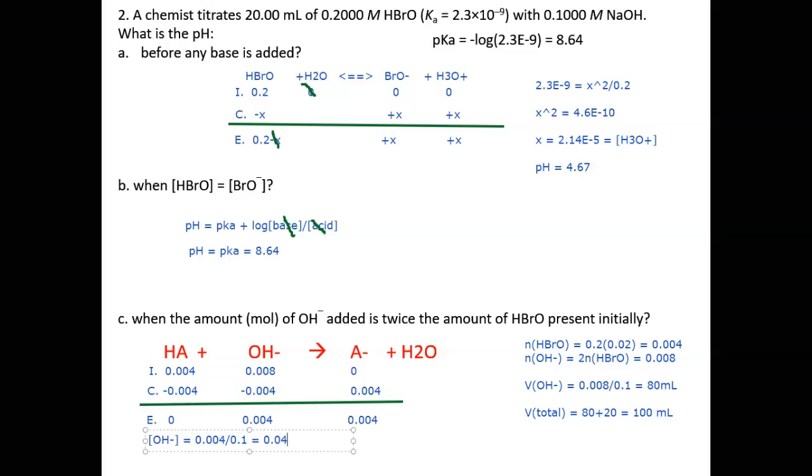So now we have the concentration of hydroxide, we can find the pOH and then the pH. And then we can find the pH.